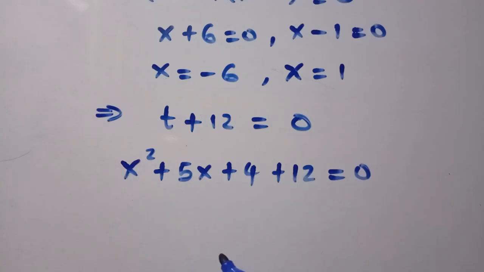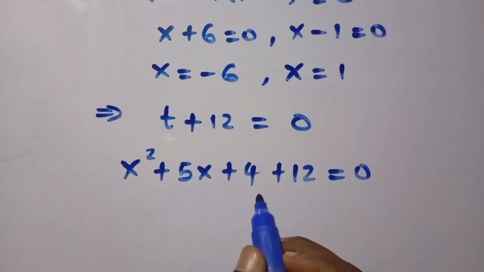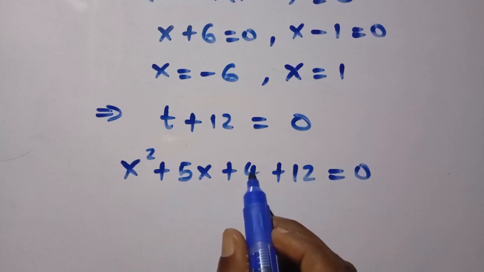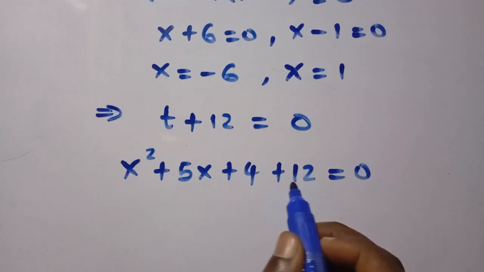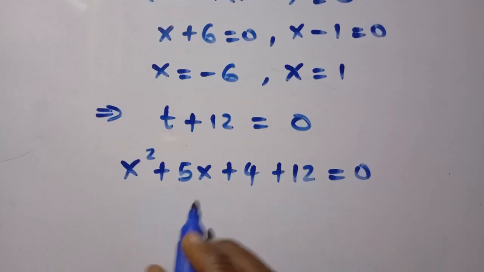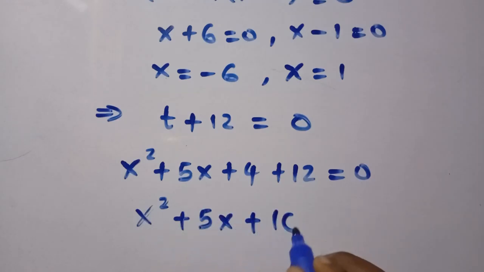And looking at this, here we have 12, and we cannot factorize this because 4 plus 12 gives us 16, and we cannot factorize this. But before that, let's have x squared plus 5x plus 16 first, and this equals 0.